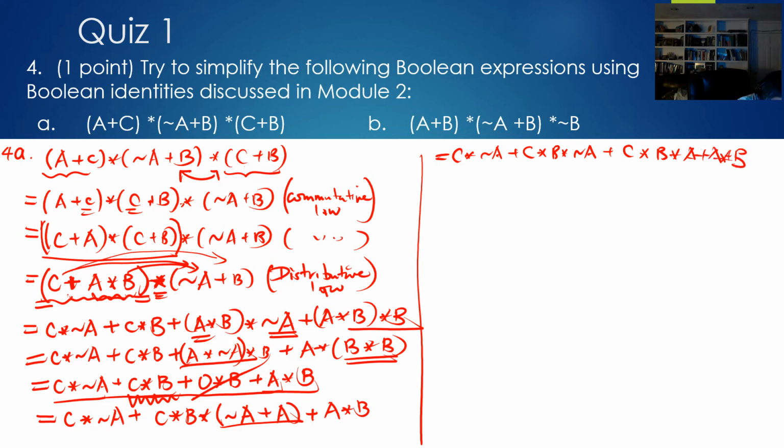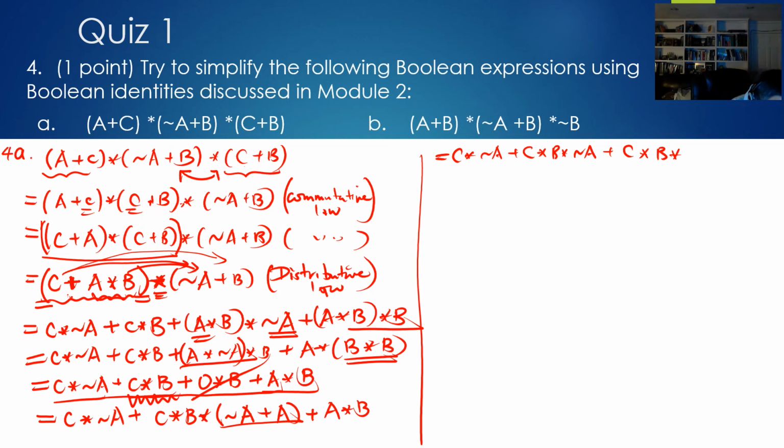Sorry, let me erase this. Let me put it more clearly.